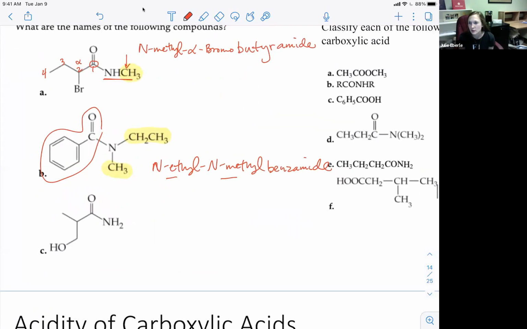Okay, C almost tricked me earlier when I was looking at it. Anybody think they have C? This is another amide.